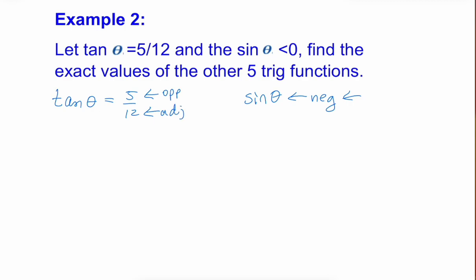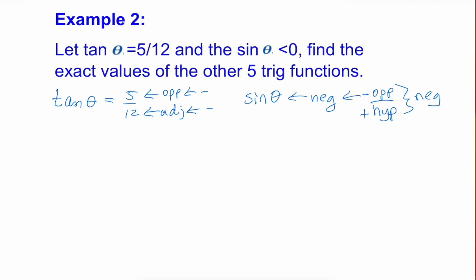So that means that if our sine is negative, remember that means that our opposite over hypotenuse has to be negative. But our hypotenuse is always a positive thing, so we need our opposite to be negative. And then the only way we can get a positive here is if our adjacent is also negative. So our opposite is negative, our adjacent is negative to give us a positive tangent.